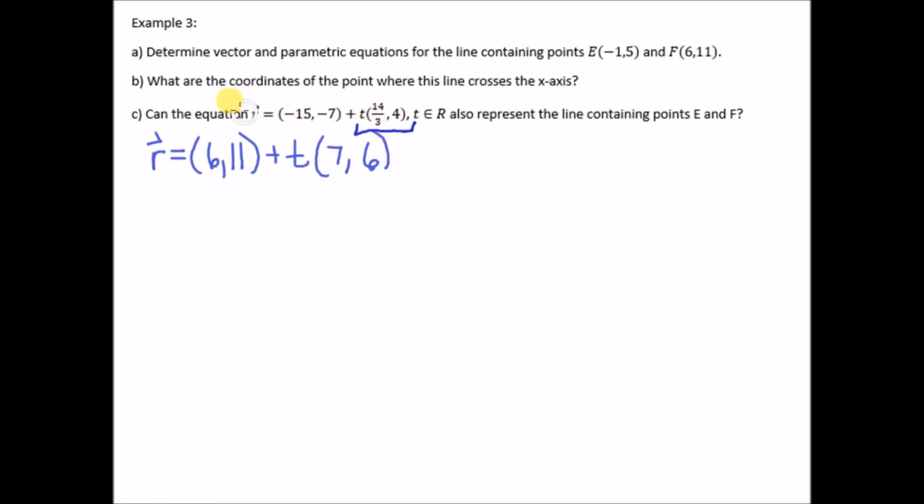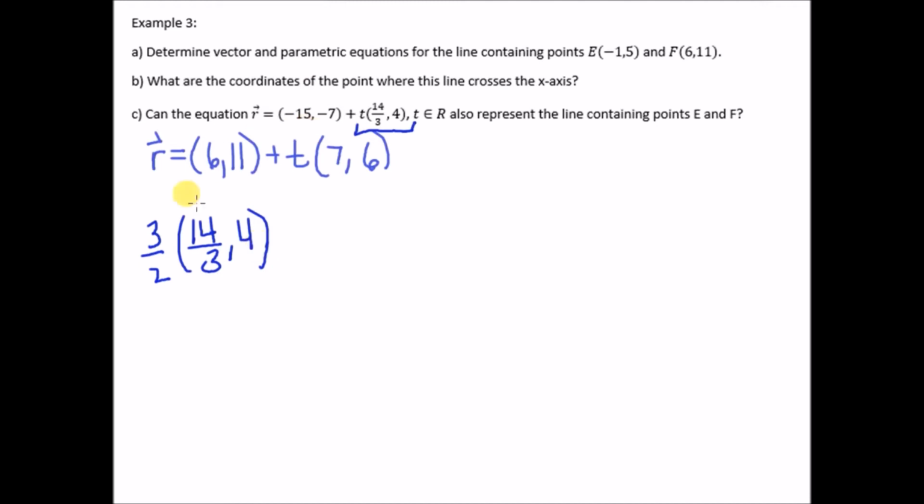Okay, the direction vector in this new equation is 14 over 3 comma 4. Are we able to multiply this by some constant in order to get 7 comma 6? In order to get 7, we'd have to multiply this by 3 over 2, because then those 3's would cancel and 14 would cancel with 2 to get a 7.